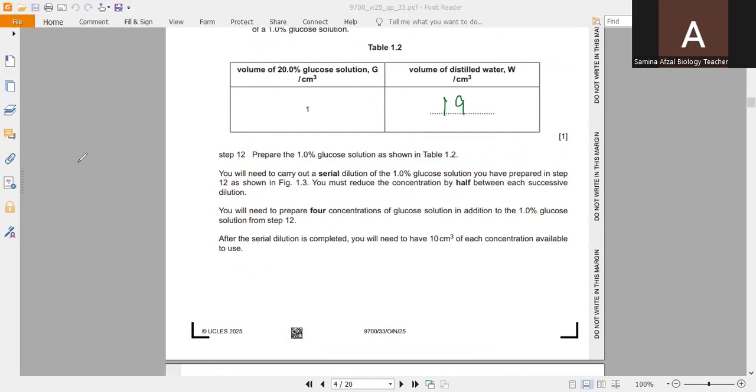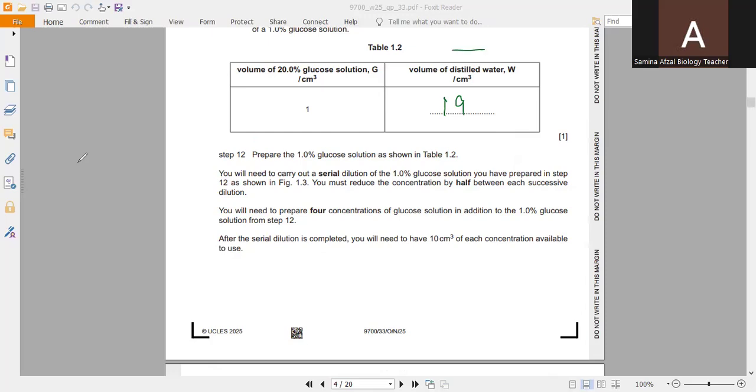You must reduce the concentration by half between each successive dilution. You will need to prepare 4 concentrations of glucose solution in addition to the 1% glucose solution from step 12. After the serial dilution is completed, you will need to have 10 cubic centimeters of each concentration available to use.